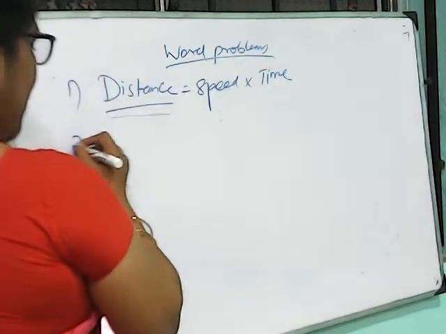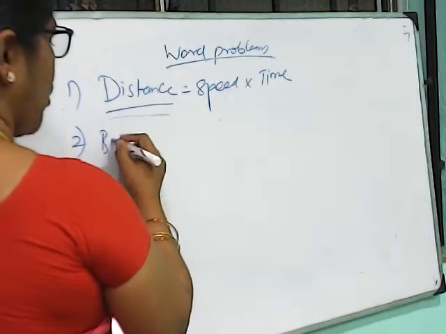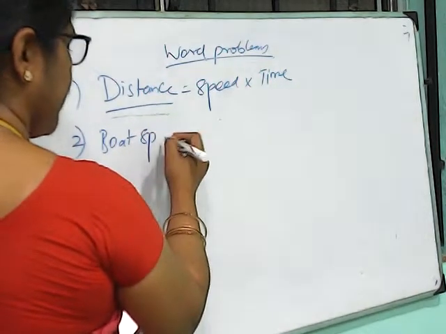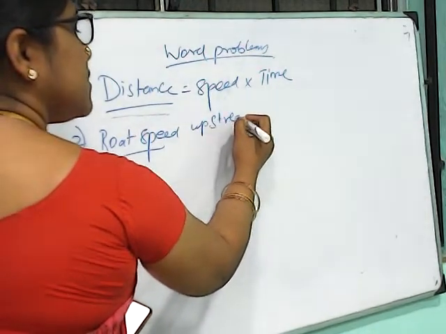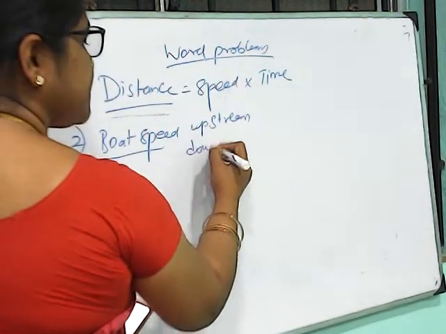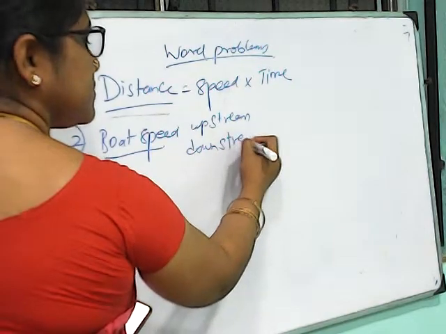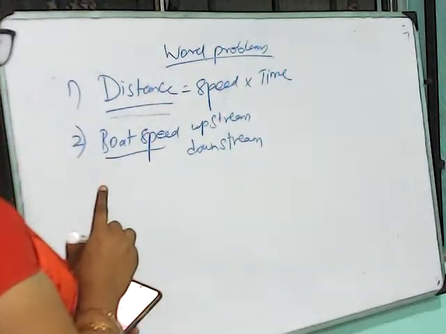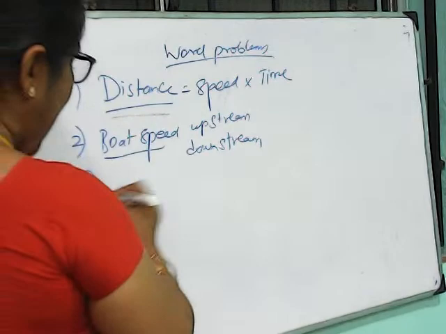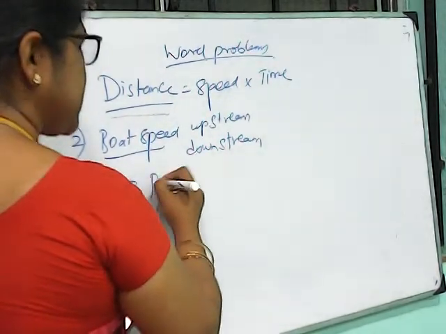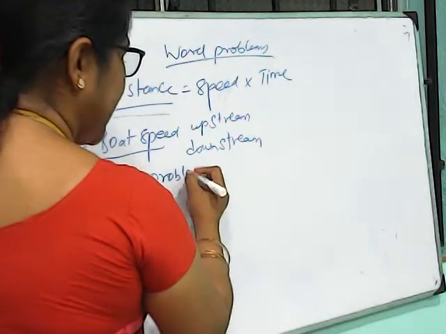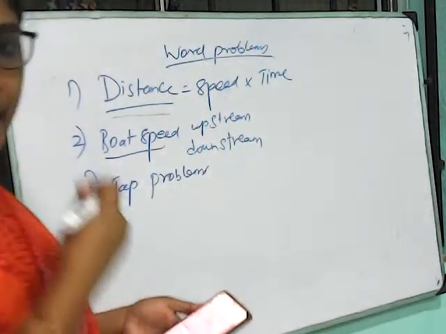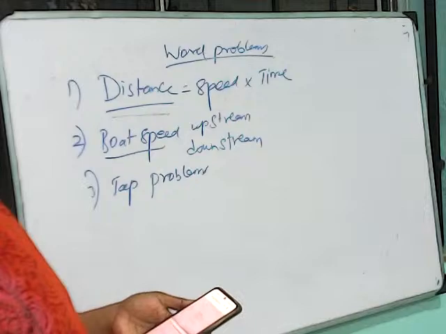Aprama, also this boat problems, speed of the boat speed, that is upstream, downstream, இந்த மாதிரி type problems. அப்புறமா tap sums, tap problems. Tap A, tap B open பண்றோம். Tap A வந்து it fills the tank in 5 hours, tap B in 3 hours.